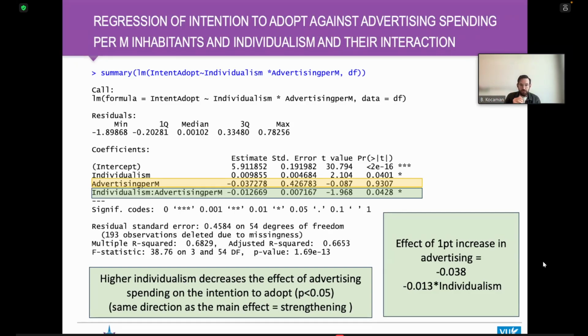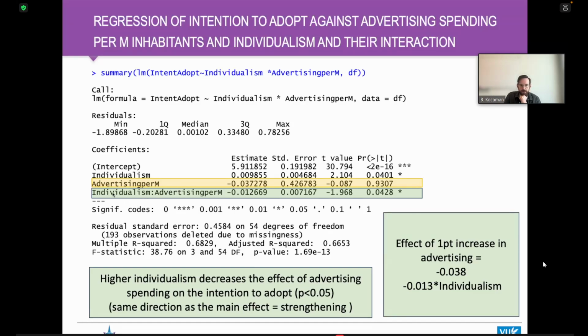It could have been the other way around, but this is what the slide shows. The main effect here, as before, is the effect of advertising spending when you have no moderation, meaning when you have zero individualism. This is non-significant. When you look at the moderation, you see a significant and negative effect.